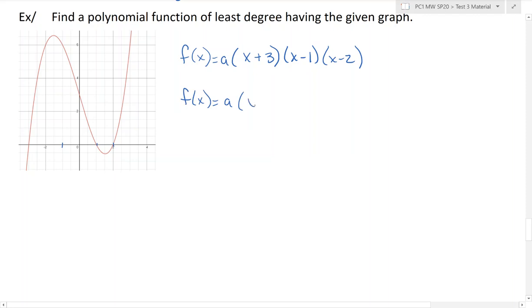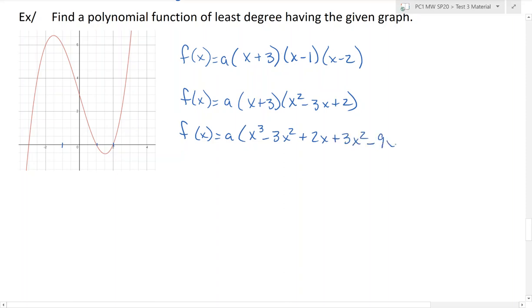This is a times (x plus 3) times (x squared minus 3x plus 2). f of x is a times (x cubed minus 3x squared plus 2x plus 3x squared minus 9x plus 6). So f of x is equal to all of this times the a.